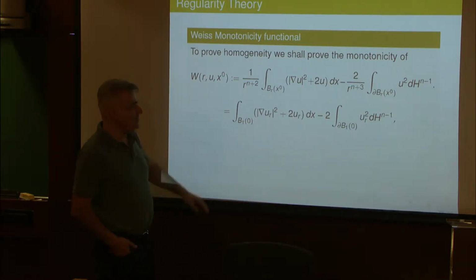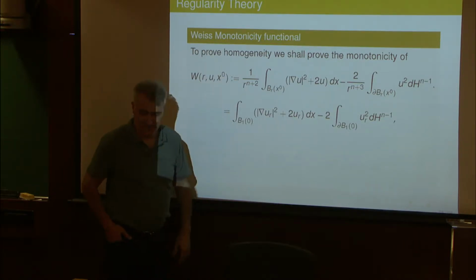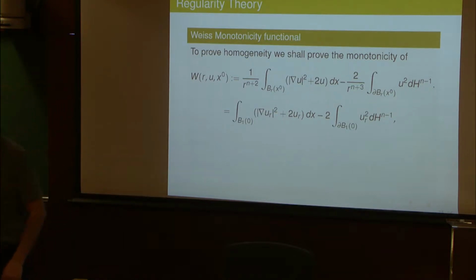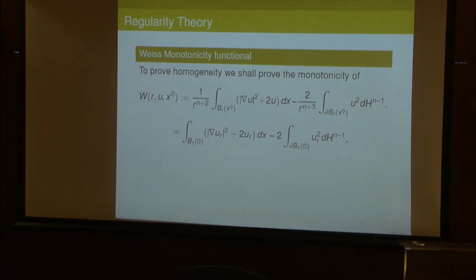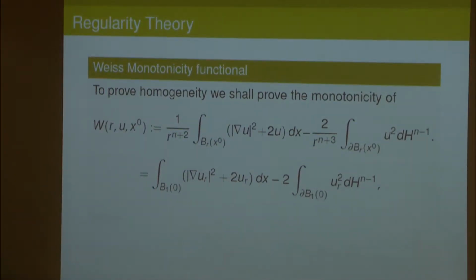What I'm doing is called the Weiss monotonicity formula, basically, because Weiss started using it more frequently. But this type of thinking, this type of monotonicity formula appears in other areas much before, especially in studying harmonic maps.